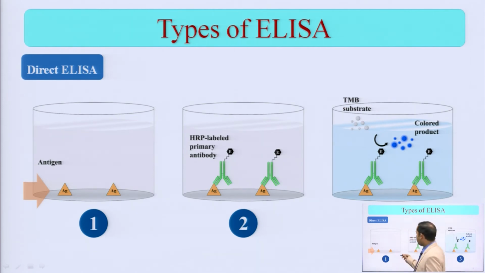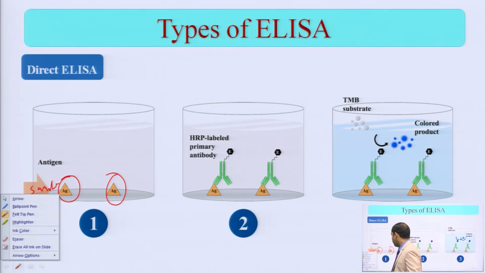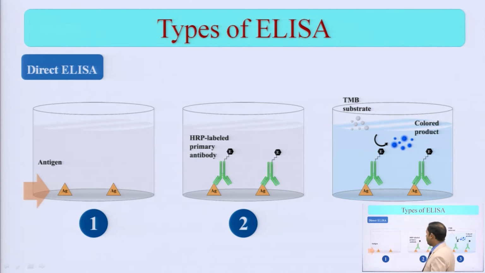Now, let me tell you more about how it happens. You can see these are the samples, the antigen present on the surface of the microtiter plate. You give the antibody, for example an HRP-labeled primary antibody, and it binds. After mixing, a colored product is created.